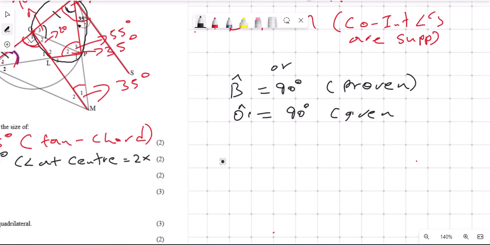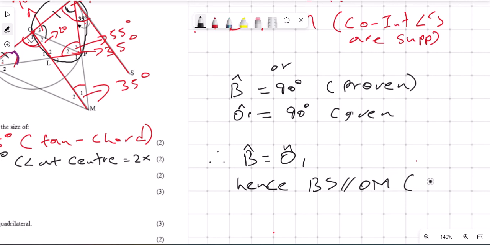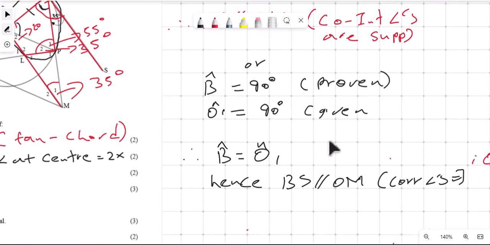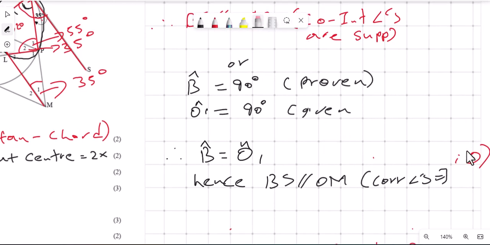Therefore, angle B is equal to angle O1, hence BS is parallel to OM. Reason: corresponding angles equal.